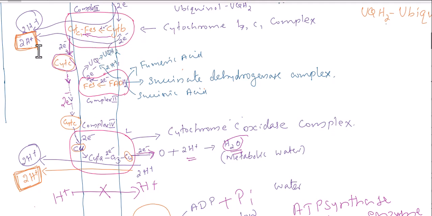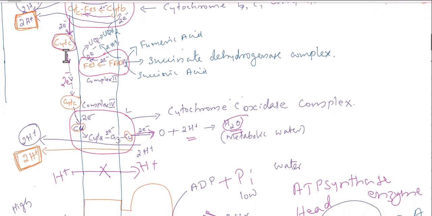Here 1 pair of hydrogen ions, and here 1 pair. So who is oxidized here? FADH2. Through the oxidation of FADH2, hydrogen ion movement and electron movement occur. As a result, 2 pairs of hydrogen ions are pumped to the outside.